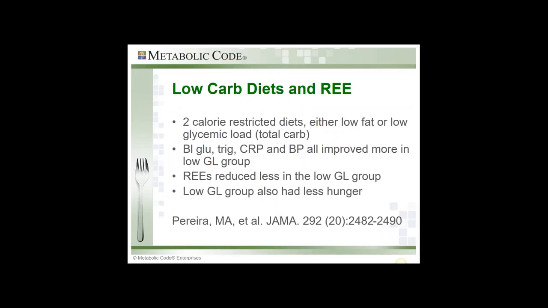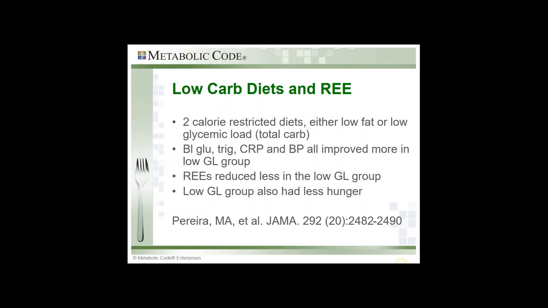Okay, now the other important thing I like people to understand about a low-carb diet approach is that it protects the person's lean mass, and therefore their resting energy expenditure is protected. This study showed that when we did a low-fat approach or a low glycemic load approach, there were much better improvements in blood glucose, triglycerides, all those markers.